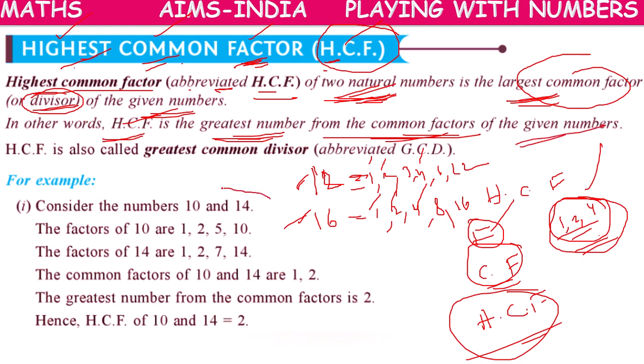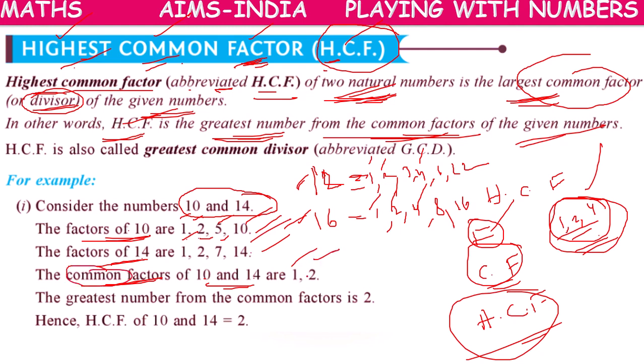Suppose you want to find the HCF of 10 and 14, what will we do first? First we will write factors of 10. Next we will write factors of 14. Next we will write common factors of 10 and 14. Factors of 10 are 1, 2, 5, 10. Factors of 14 are 1, 2, 7, 14. What are common? 1 and 2 are common.